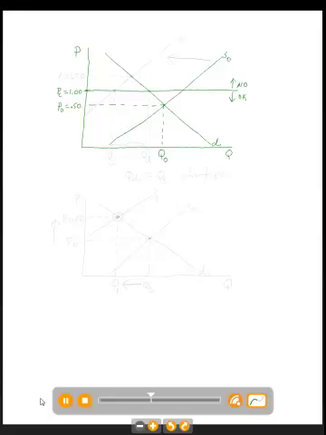But then what happened in early 1974 was that some of the oil-producing countries imposed an oil embargo on the West. Essentially, oil is an input to the production of gasoline. And so the supply curve for gasoline would shift back to the left, or there would be a decrease in the supply of gasoline.